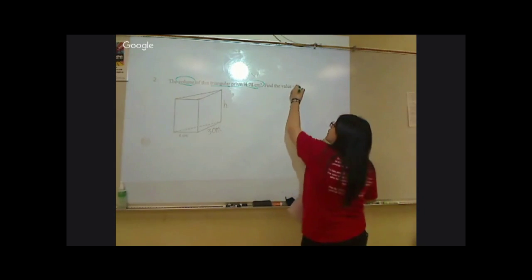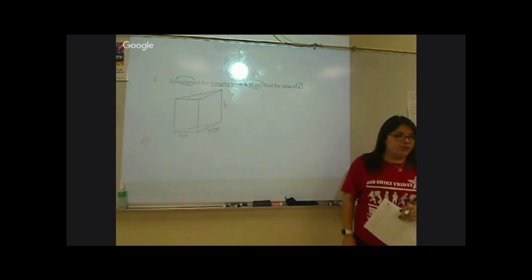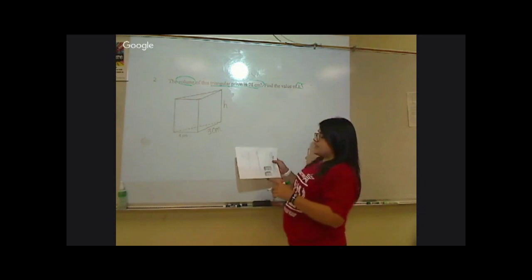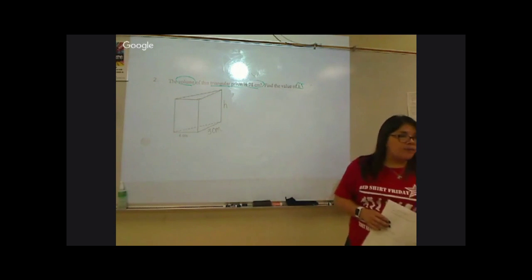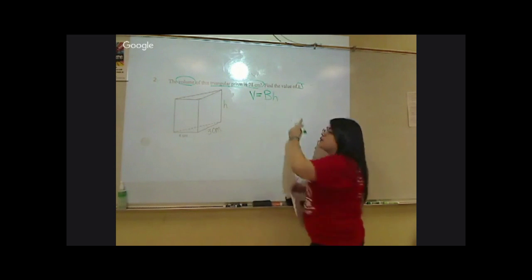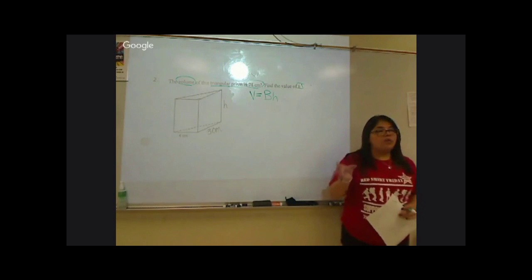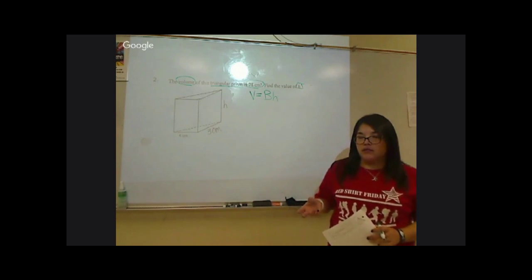Okay, and we want to know how tall this prism is. Now, like we did when we were figuring out how tall our popcorn bags were, we used the formula volume equals capital B times H. That works for all of our prisms, no matter what shape their bases are.